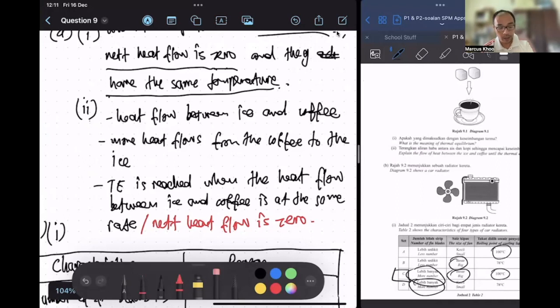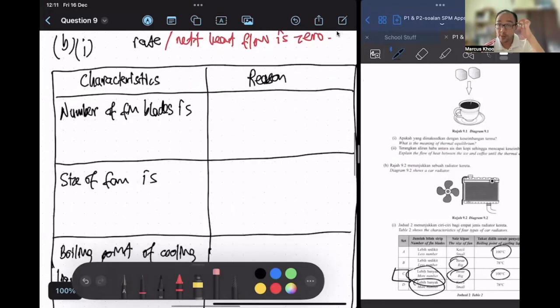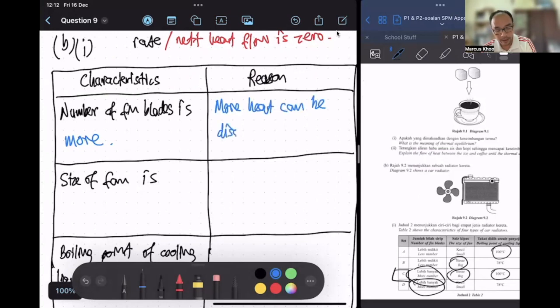Okay, so coming back to this. When we answer, of course, we answer in table form. The number of fan blades is more, or more number also can. The reason will be more heat can be dissipated.